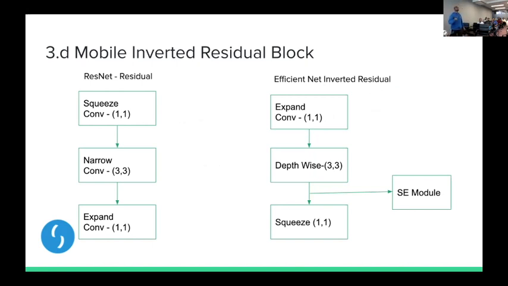So here, instead of what was done previously, if you have 16 channels and you are going to multiply into 64 channels, 16 channels has some information and 64 channels has more information about the 16 channels.